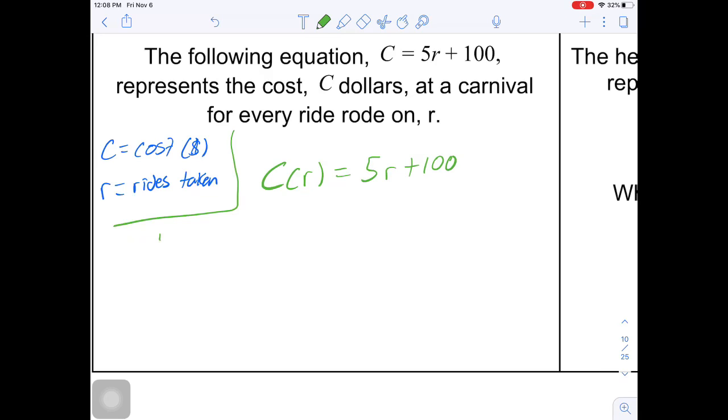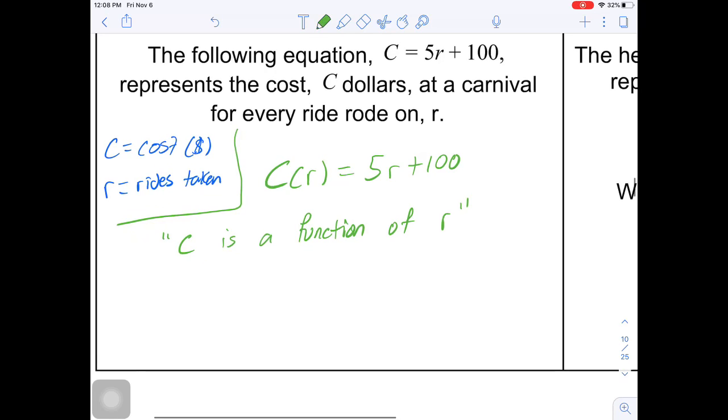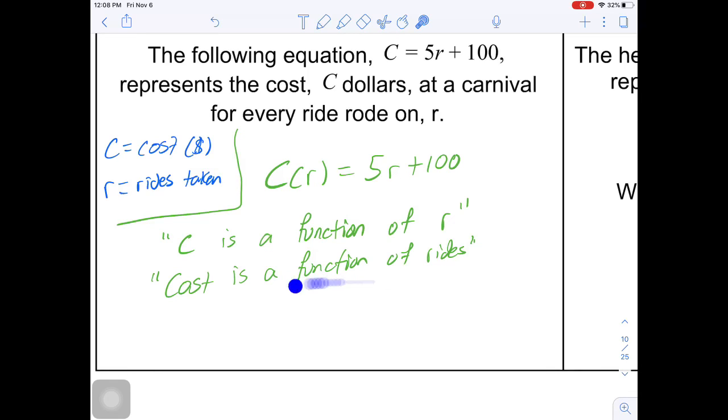So now we say C is a function of R. It's easier actually now because we actually have what C represents. We can say this, cost is a function of rides, which is totally true. Cost is a function of rides. We choose how many rides we take, and the amount we owe is based on the amount of rides we ride.